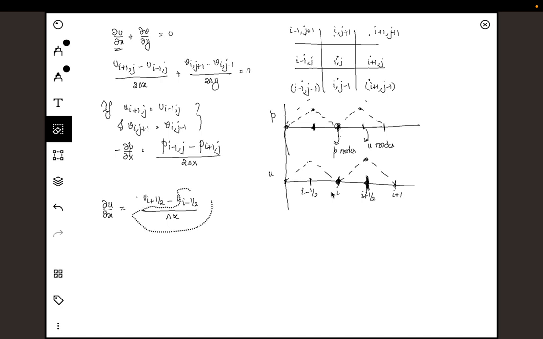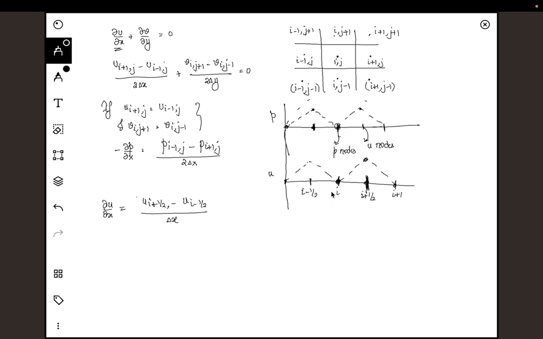Or we can use a different approximation. If I use an approximation like this, is it first order or second order?